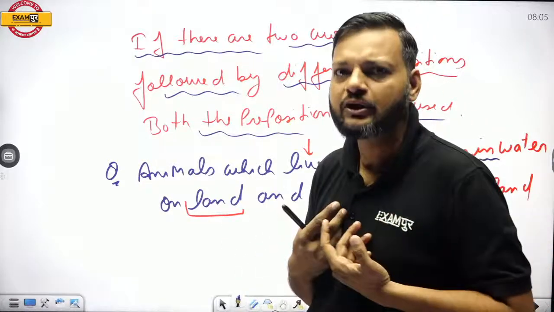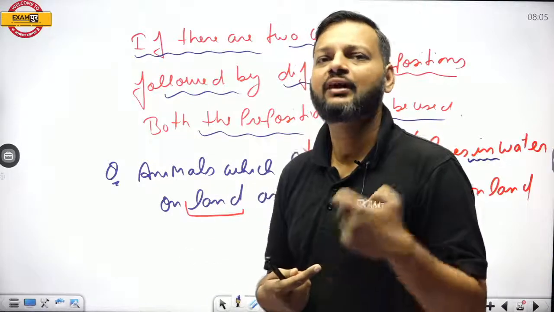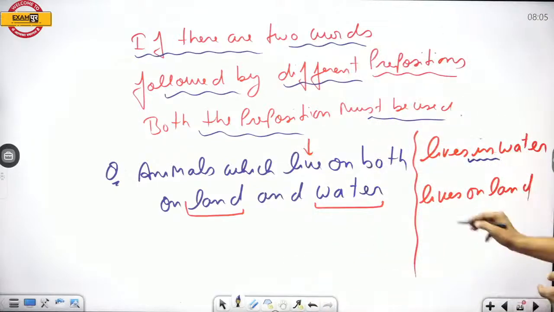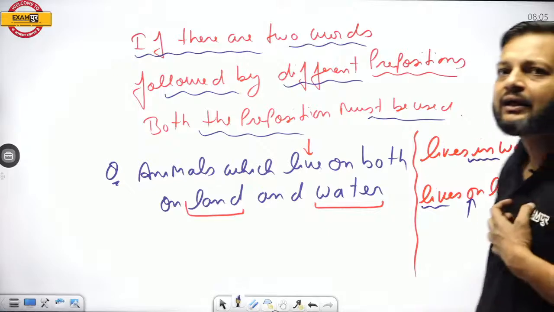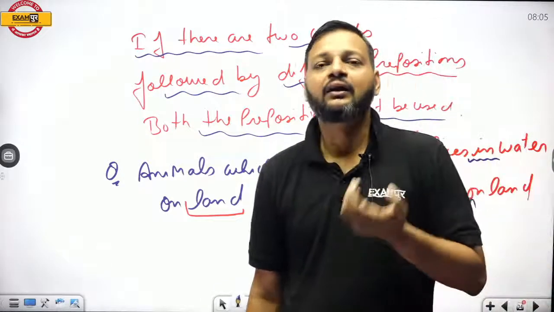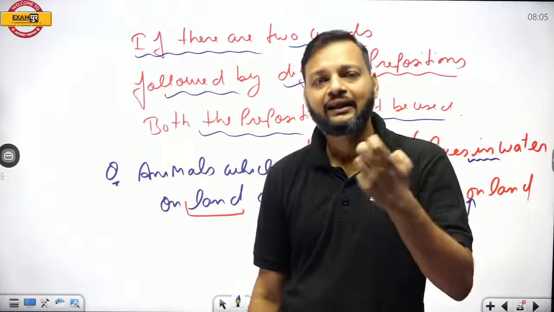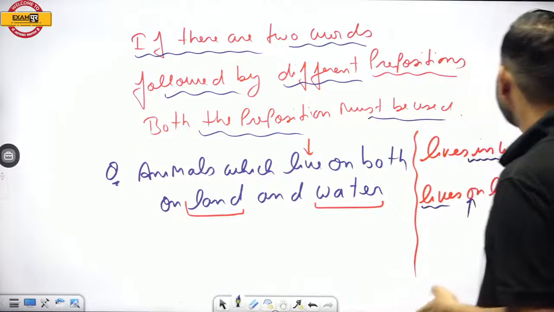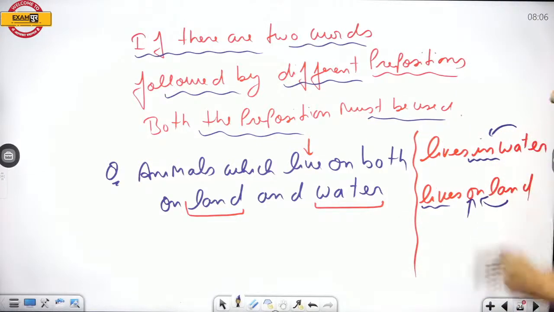Those who live in water, like many animals such as fish, live in water, and we humans live on land. So with water we have to use in and with land we have to use on, right?